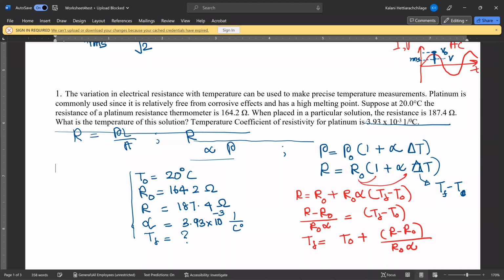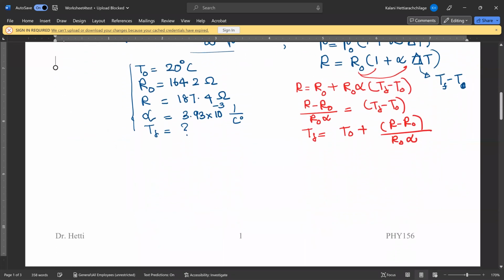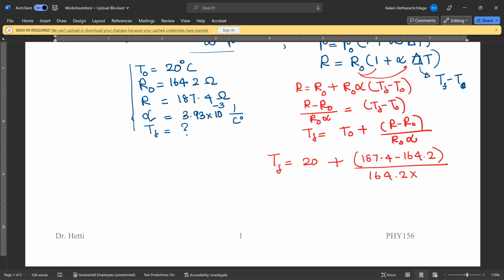This is where I'm going to plug in the values, because then I can see if I made any mistakes before plugging in. So T naught is 20 degrees plus (187.4 minus 164.2) divided by (164.2 times alpha, 3.93 times 10 to the negative 3).